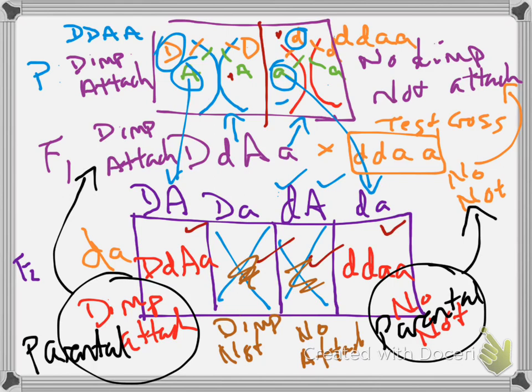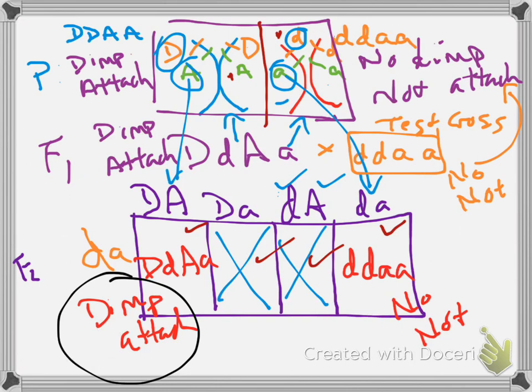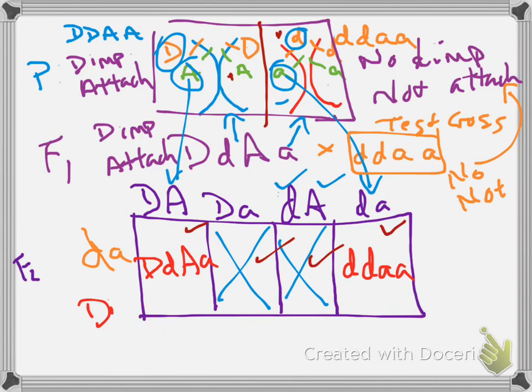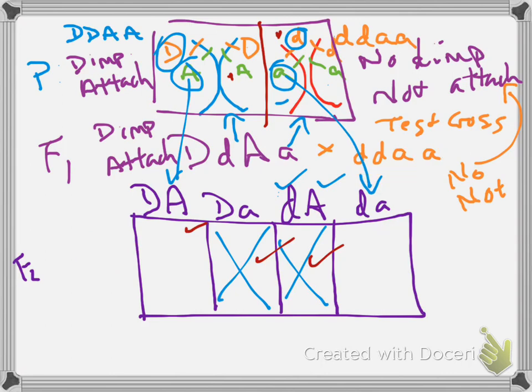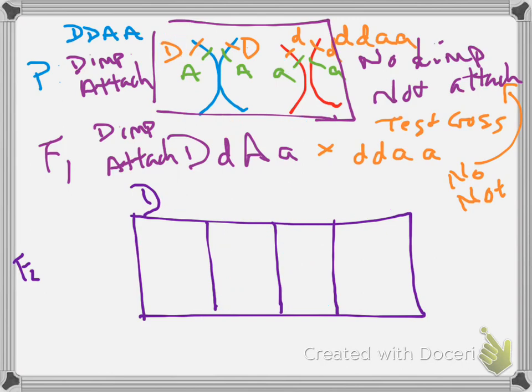Now I'm going to have to back this up. Rather than just make a new sheet, I'm just going to slowly make this go away to back it up. What we're going to do now is, what if there is crossover? The only way to get dimples with non-attached earlobes is to cross over.